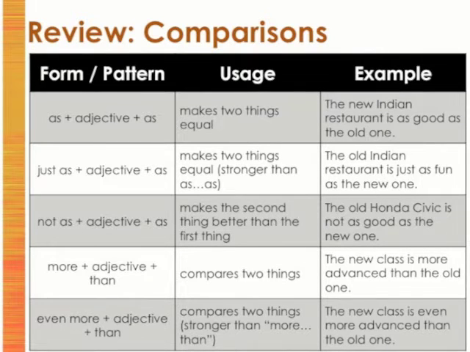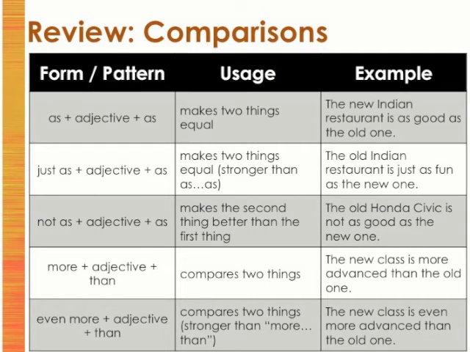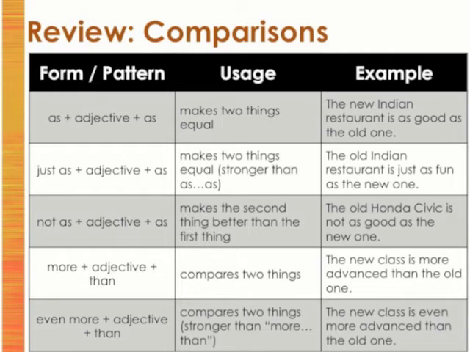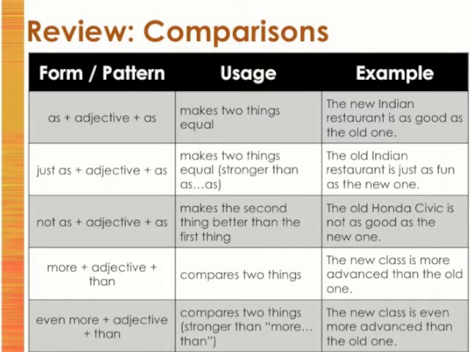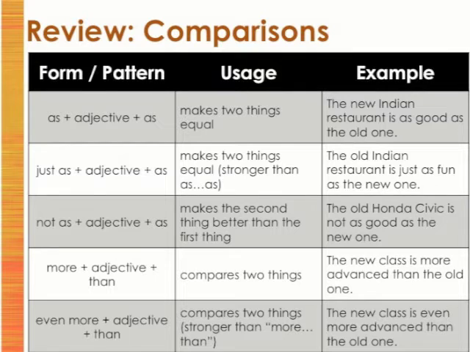Just as plus adjective plus as makes two things equal, and this is a little bit stronger than as plus adjective plus as. The old Indian restaurant is just as fun as the new one. Not as plus adjective plus as makes the second thing better than the first thing. The old Honda Civic is not as good as the new one.